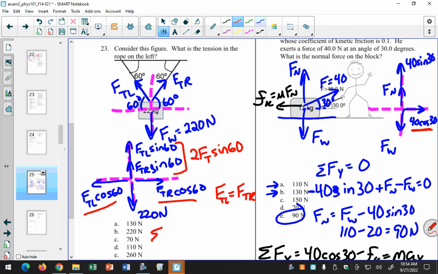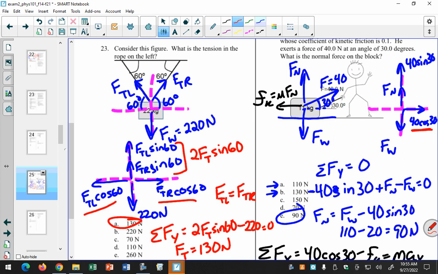And then I do the sum of the forces in the y direction. That's 2FT sine of 60 minus 220 equals 0. And I solve that for FT. So that's going to be 110 divided by sine 60. I get 130 newtons. So FT equals 130 newtons.